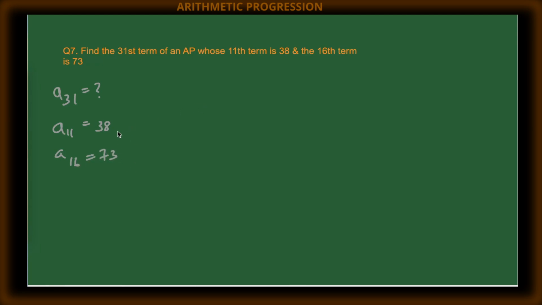So with this we can find a and d. We know that an is equal to a plus (n minus 1) into d. So a11 is equal to a, which is unknown here, plus 10 into d, and d is also unknown.